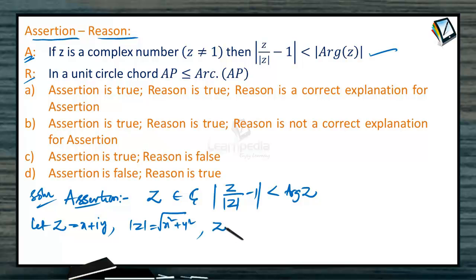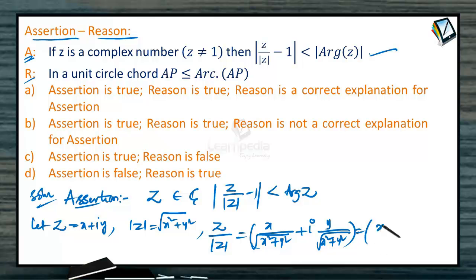Hence z by mod z becomes x by root over x square plus y square plus i times y by root over x square plus y square. We can write it as the ordered pair x by root over x square plus y square and y by root over x square plus y square.